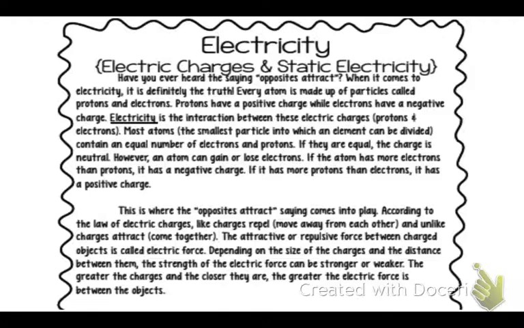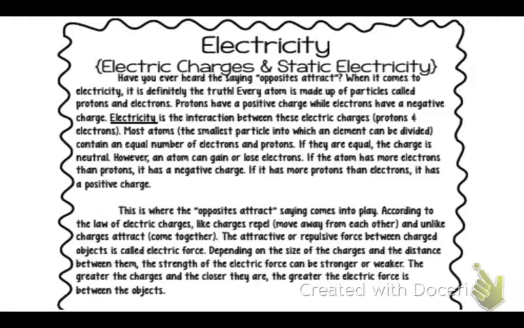According to the law of electric charges, like charges repel. Like charges, meaning both positives, will move away from one another, or both negatives will also move away from one another. But if they're unlike charges, so one positive and one negative, then they attract, or they come together.